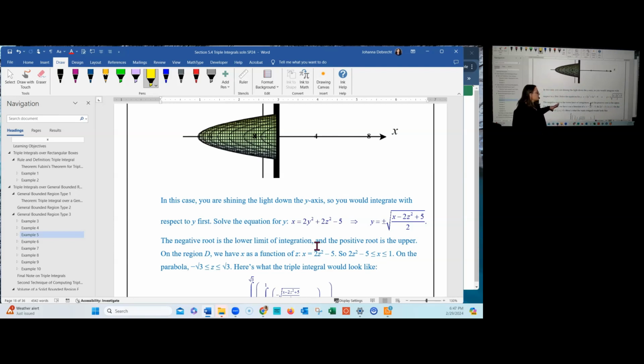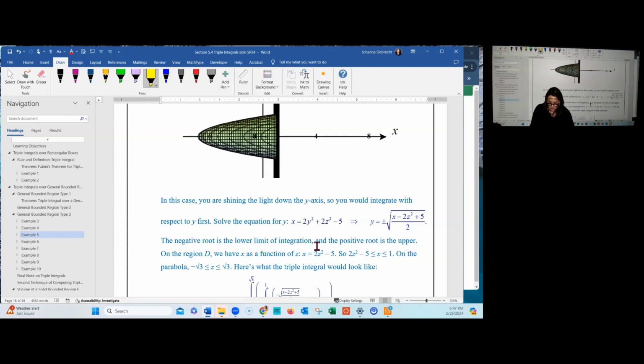Now, the upper half is going to be the positive root and the lower half will be the negative root. This is my function of x and z that gives me the region D in the xz plane. I need to evaluate between this function of x and z, the lower arm, which is the negative arm, to the upper arm, which is the positive arm, with respect to y.